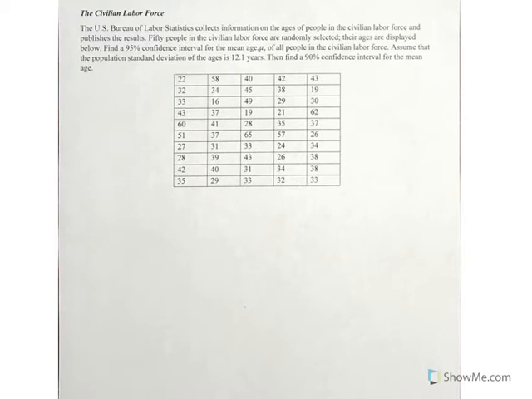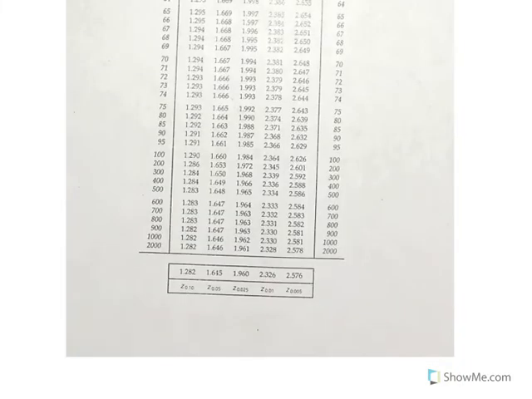Now, let's talk about our chart. Let's look at our table. Let's do some labeling on it before I actually get into this example. Now, your chart is 2 pages, which is really a front and back. And I need you to look at the back. And you know it's the back because if you look at the first column, your numbers should start with 50 going to 2000. That's the back sheet.